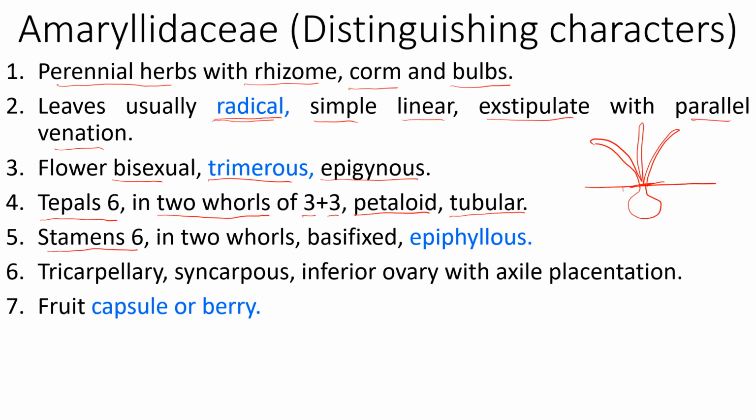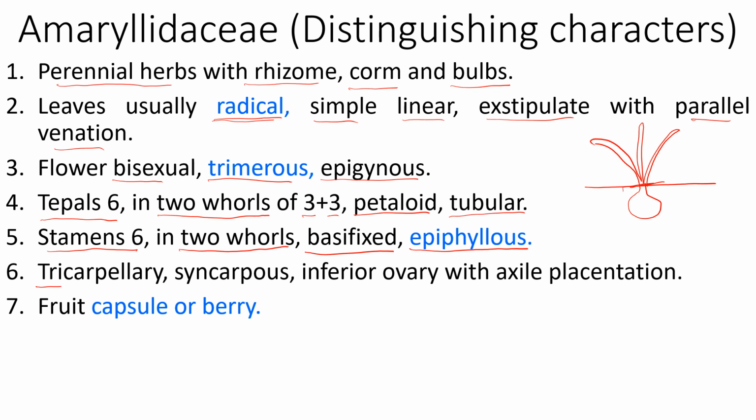Stamens are also six in number and they too are present in two different whorls. They are basifixed and the condition is called epiphyllous, meaning the stamens are attached to the tepals, which can also be called epitepalous condition.